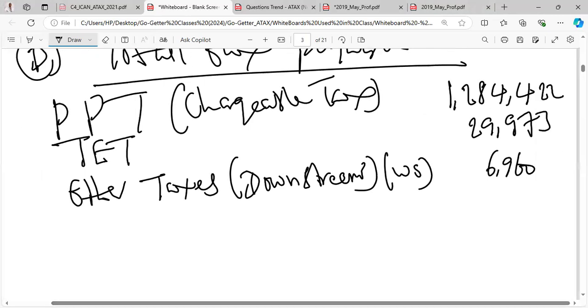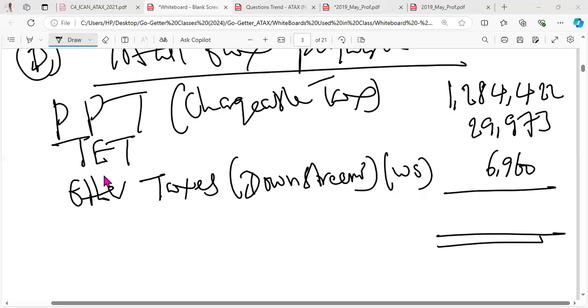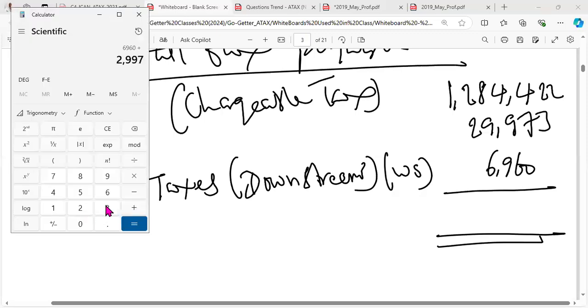Then you add everything together. So we have 6,960 plus 29,973 plus 1,284,422. And that gives me 1,321,355.